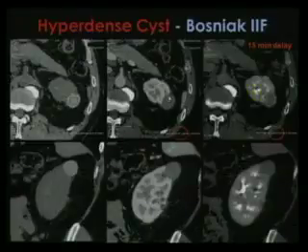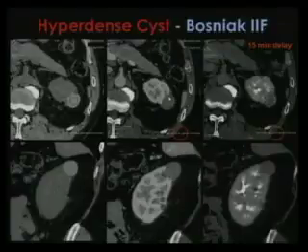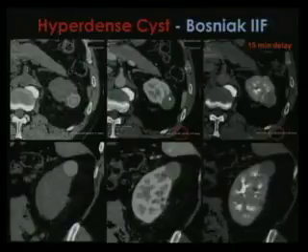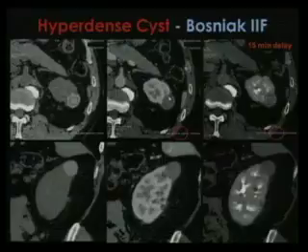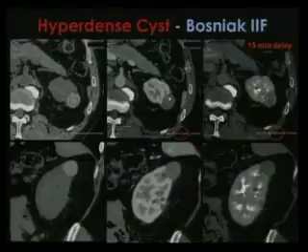If we don't have the pre-contrast phase, it's very difficult to tell if this lesion is cystic or solid, because we are measuring 87 Hounsfield units and 89 Hounsfield units. But if we have the pre-contrast phase, you can see that the lesion measures 80 Hounsfield units in the pre-contrast phase. No doubt, no more questions, this is a hyperdense cyst.